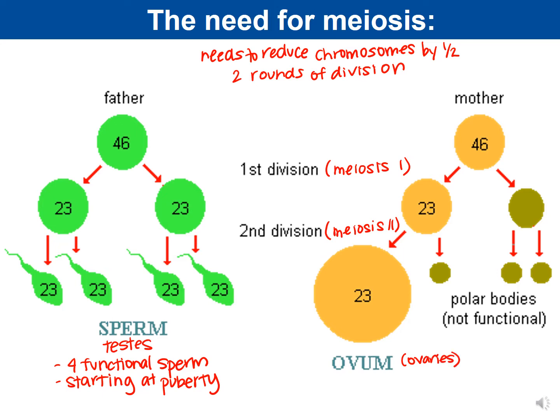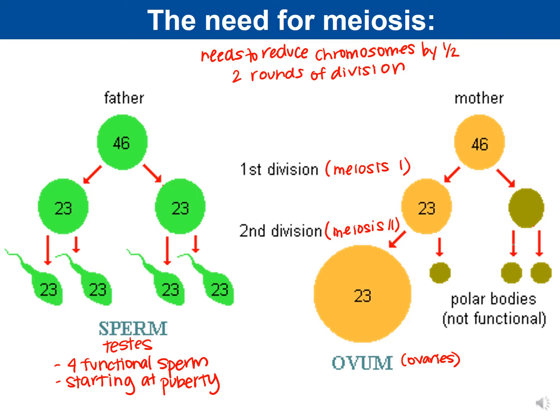And so what's going to happen is the mother starts with a cell, and that cell has 46 chromosomes. It's going to undergo meiosis 1. It's going to split into 2 cells. Each of those cells has 23 chromosomes. But again, they're not finished yet. They're going to undergo meiosis 2. And you're going to end up with 4 cells as a result of meiosis in females.